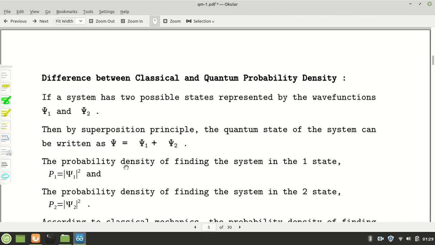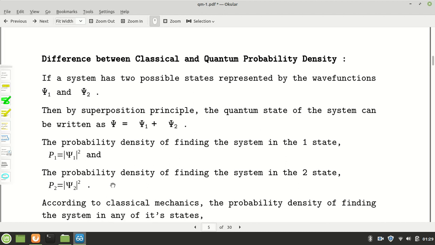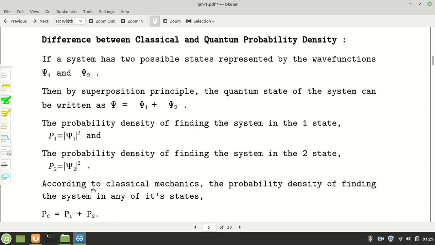Now the probability density of finding the system in one state is mod psi 1 square, and the probability density of finding the system in the second state is mod psi 2 square, according to Max Born interpretation. If one talks about the classical probability density, in classical mechanics spin up and spin down are two independent phenomena. So the probability of finding the electron or the system in any of the two states is the sum of the individual probabilities. That is the probability theory.